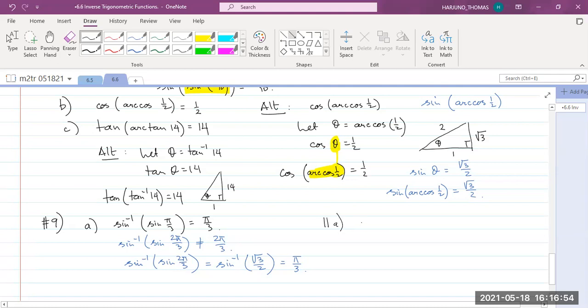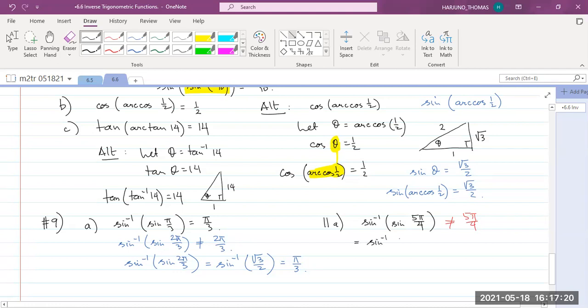You see that we have sine inverse of sine 5 pi over 4. You see 5 pi over 4 is not in the restricted domain for sine. So this question will not give you 5 pi over 4. But it is easier for us to just do it one step at a time.